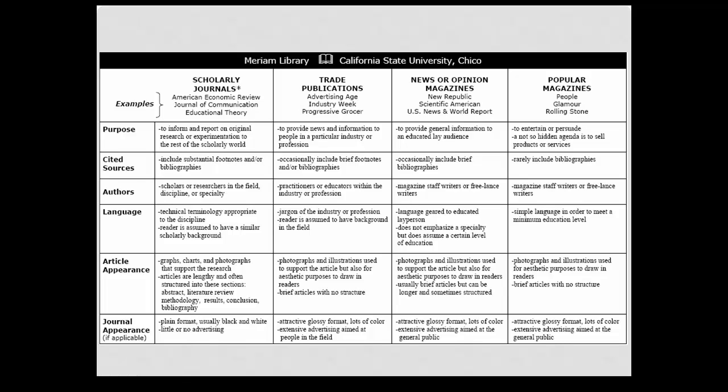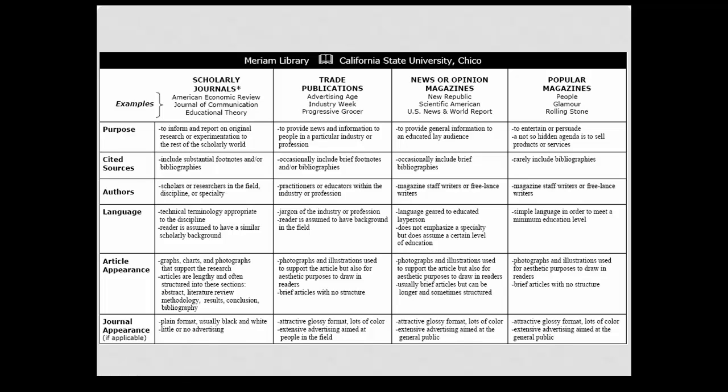By contrast, the other types of publication have their own individual characteristics. News and opinion magazines, for example, have as their purpose to provide more general information to a more general audience. They may occasionally include a brief bibliography, but most of the time they do not. They are written by journalists, magazine staff writers, and freelance writers.